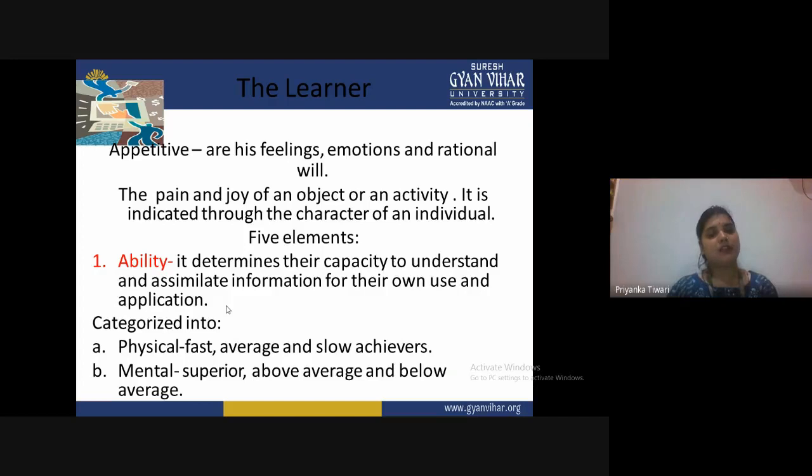The pain and joy of an object or an activity is indicated through the character of an individual. Ability determines their capacity to understand and assimilate information for their own use and application, categorized into physical: fast, average, and slow achievers, and mental: superior, above average, and below average.